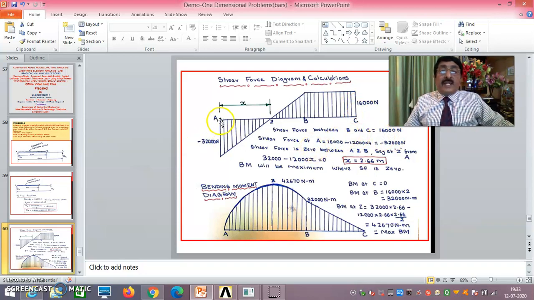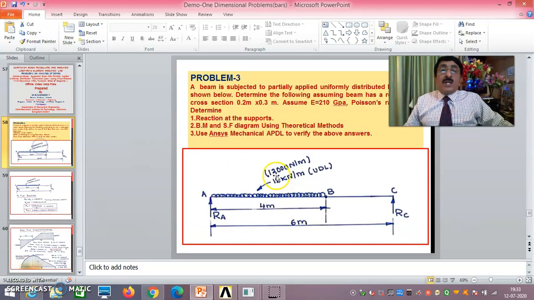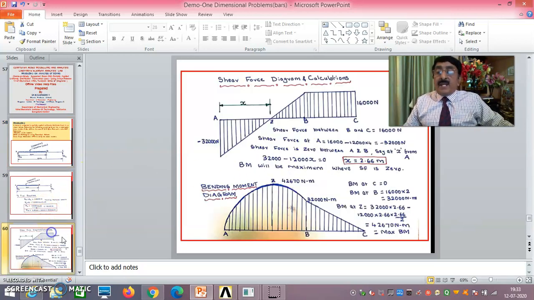Shear force at A: upward is positive, 16,000, minus the UDL, 12,000 into 4, which is 48,000, downward taken as negative. So shear force at A is 16,000 minus 48,000, that is minus 32,000 Newtons.